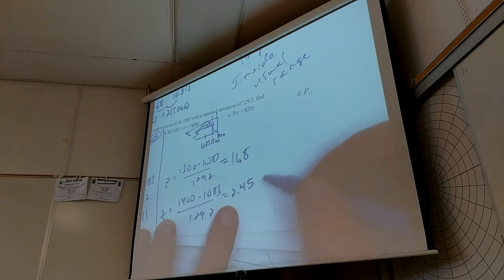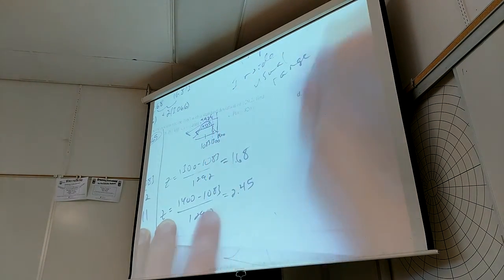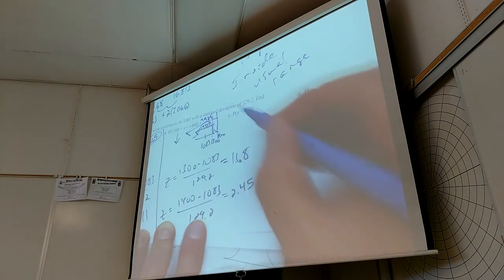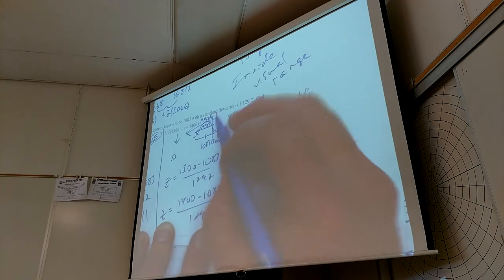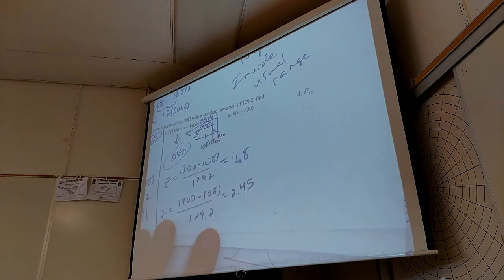And what's 2.45? 0.9929. So then when you subtract those, what do you get? 0.0394. If you got between a 1300 and 1400 SAT score, you're part of 4% of the population.